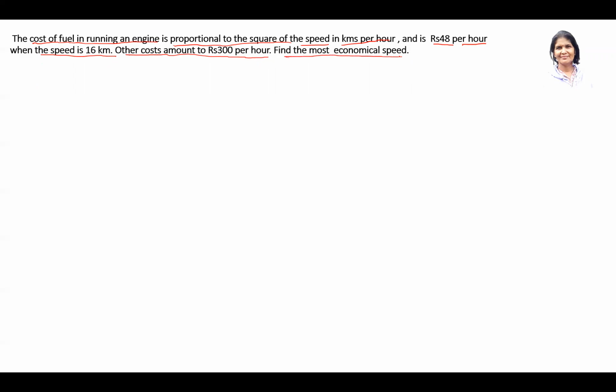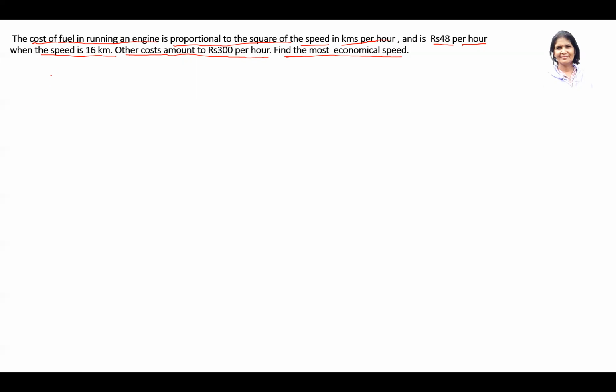That means you have to find the speed when cost is minimum. So you can now think of how mathematics is applied in real life. Here, neither distance is given nor speed is given.